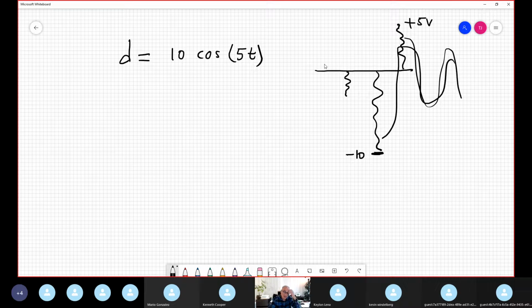Now, depending on the initial direction, if it is upward or downward, positive or negative, right? This is the amplitude. So this A is called amplitude. By the way, it's a maximum displacement from its resting or equilibrium position.